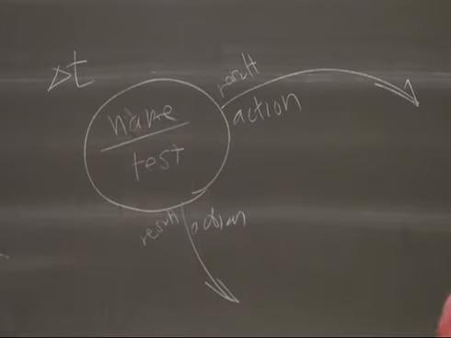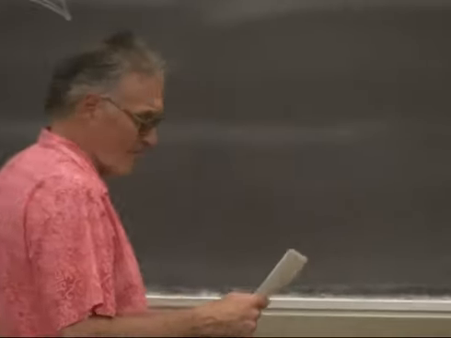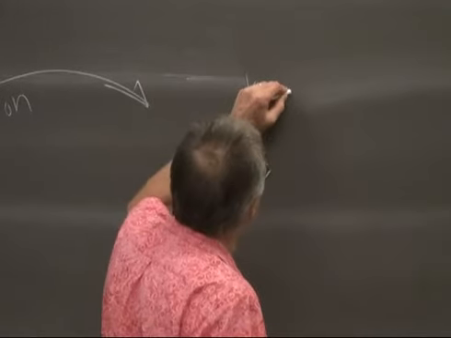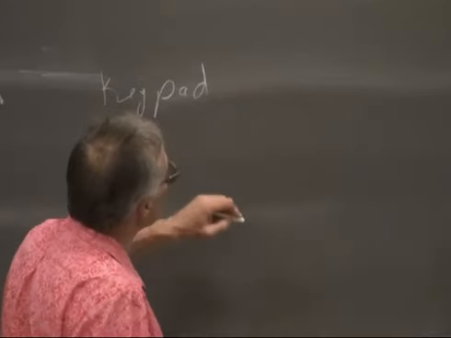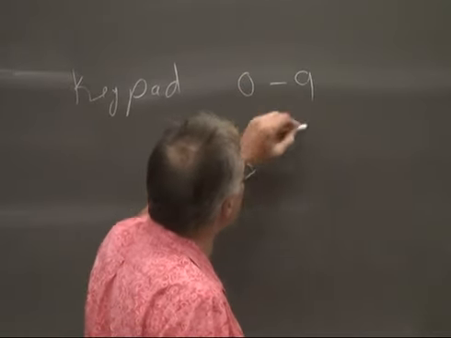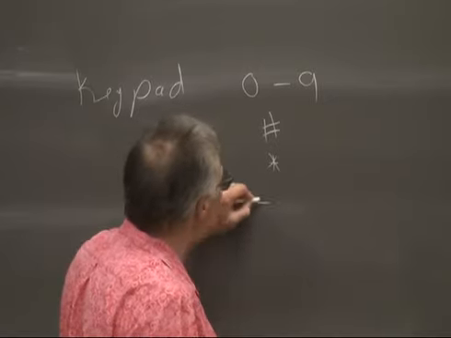So we're going to assume that there is a function called keypad, which returns the digits 0 through 9, pound, star, or -1.